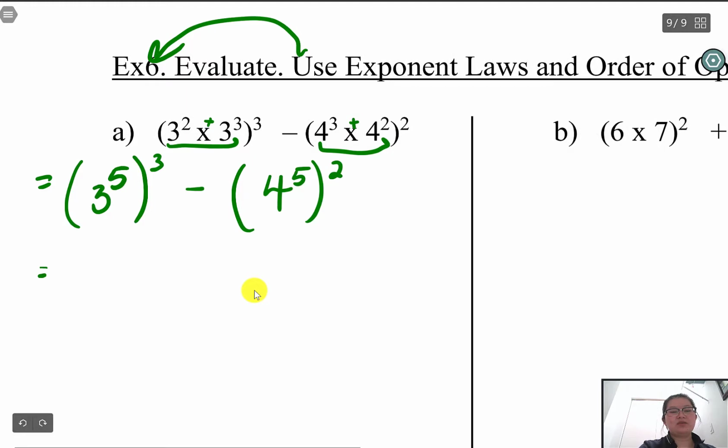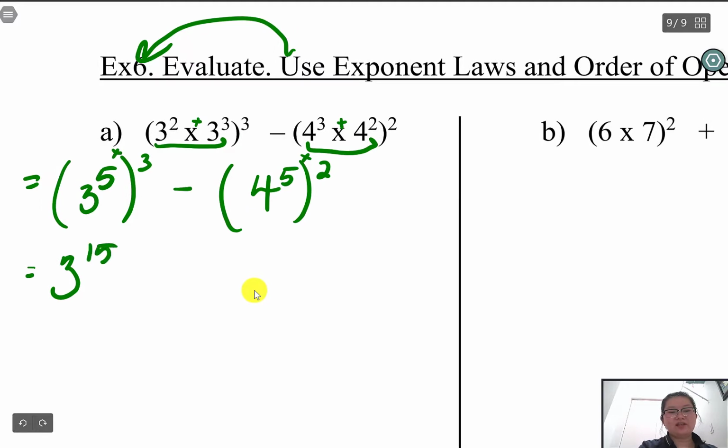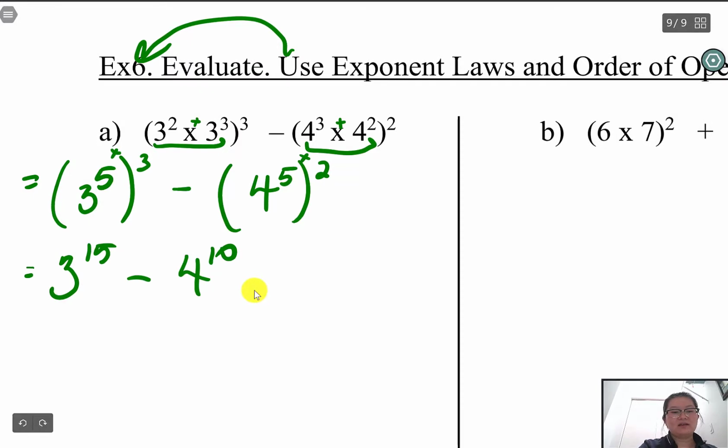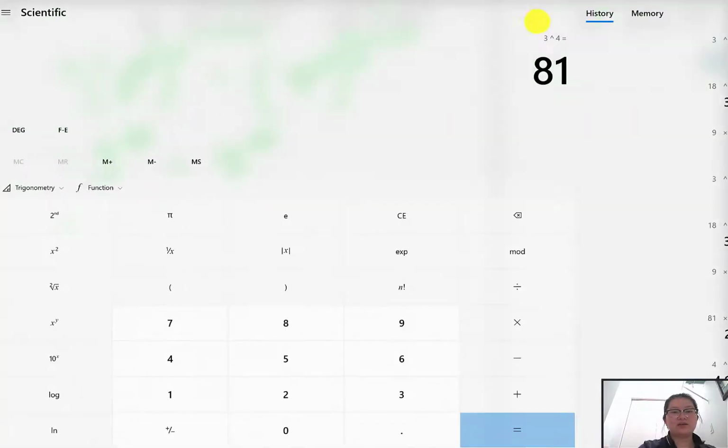Then using exponent laws, 3 applied to 3 to the power 5. So that's 3 times 5. And I'll just write multiplication here on top just to remind us. Okay, so I get 5 times 3 is 15 minus 5 times 2 is 10. Now we can put this into our calculator to evaluate.